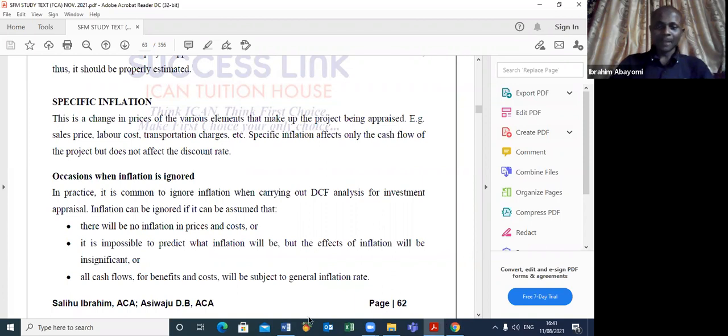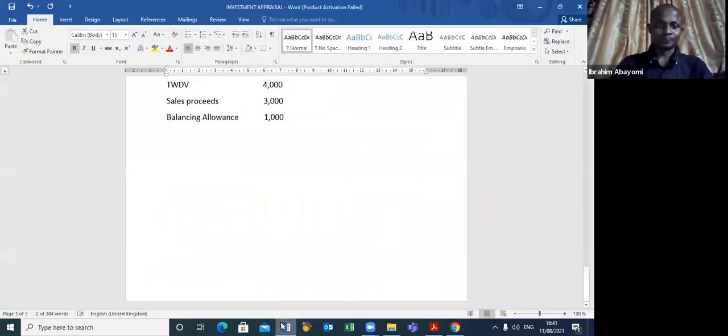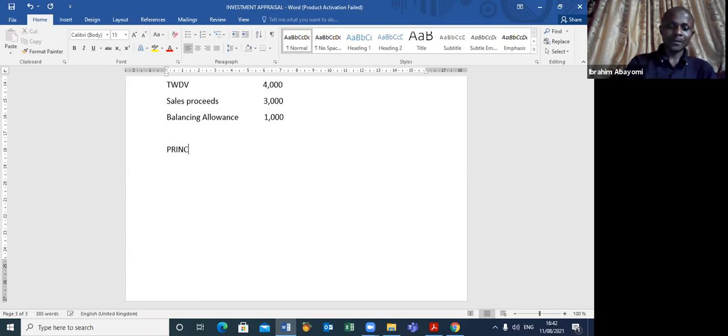Now, let me put you straight to our working paper. When you are carrying out a discounting technique, the principle is this. You will have what you call the treatment of inflation rate. Let me put it that way.